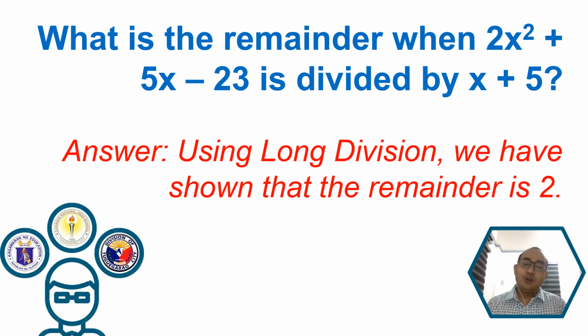Now, class, if we are just interested in the remainder when a polynomial is divided by another polynomial of the form x minus c, we can do that. We can determine the remainder even without performing long division or synthetic division.